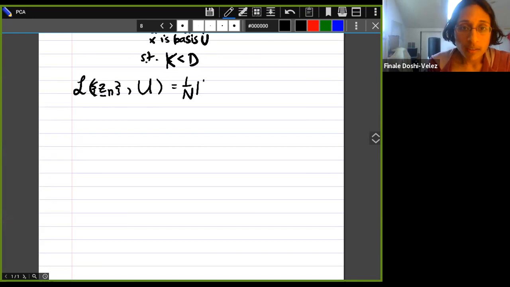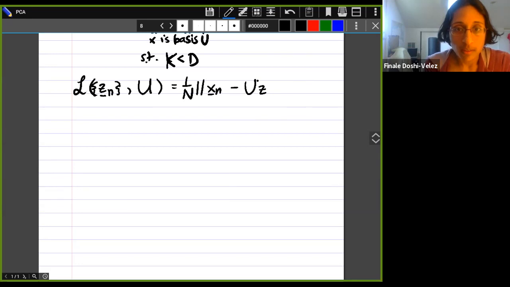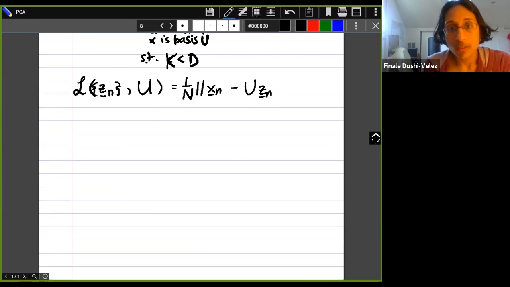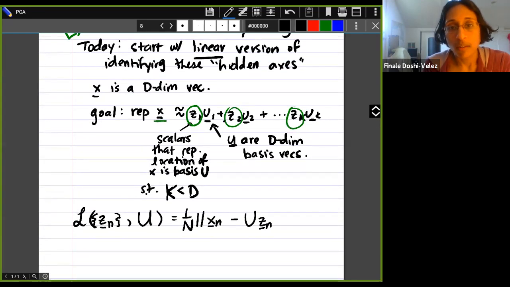And we can define our loss as a squared loss, where we take the vector xn and we take its projection or definition into the basis, so this product over here is just this sum out here, right?